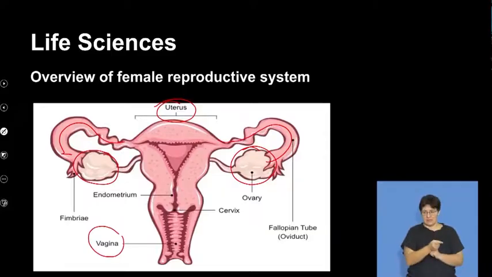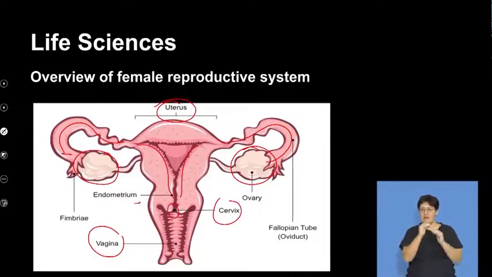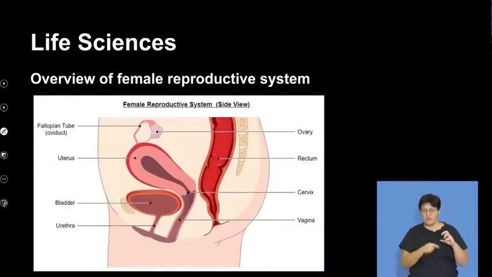We have an opening between the uterus and the vagina called the cervix. And lining the uterus, we have a lining called the endometrium. We have finger-like projections at the ends of the fallopian tube called fimbriae. And so this is essentially what it looks like in the side view.